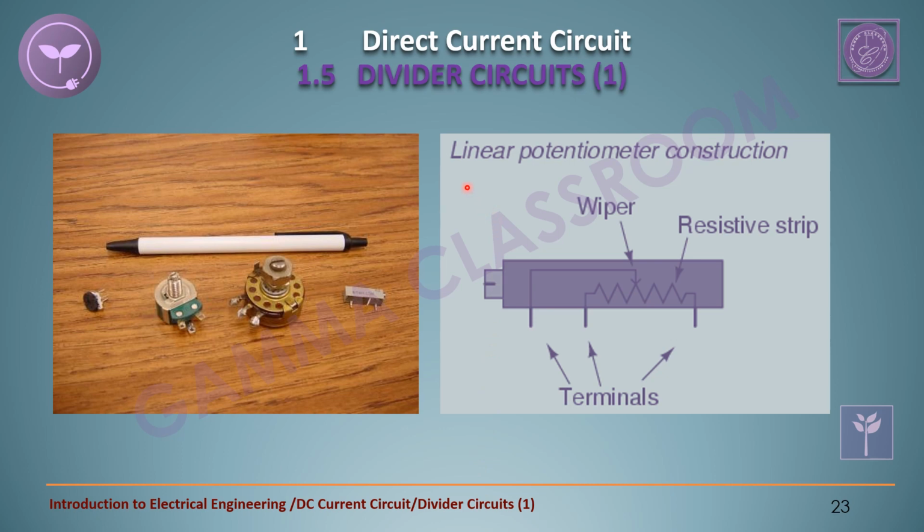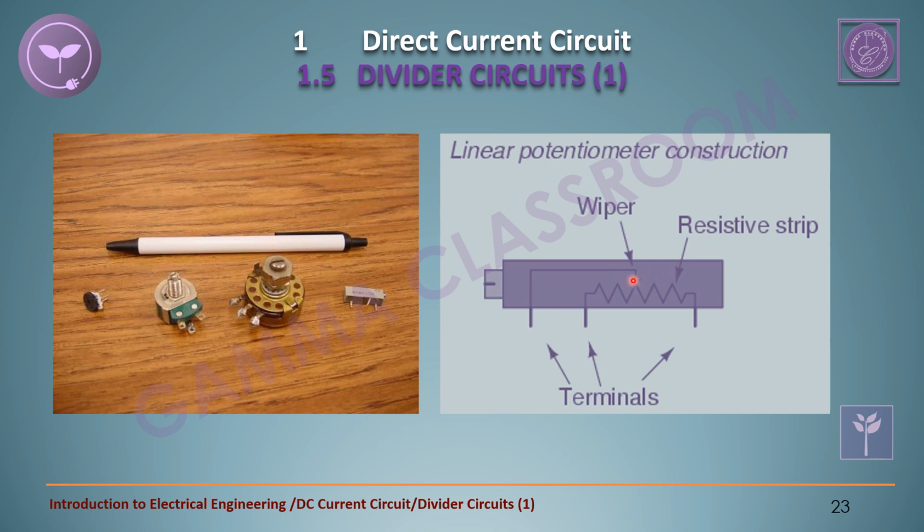This is a linear potentiometer construction. This is the resistive strip. These are the terminals, which we call 1, 2, 3; it doesn't matter. The wiper can move to the left or to the right.